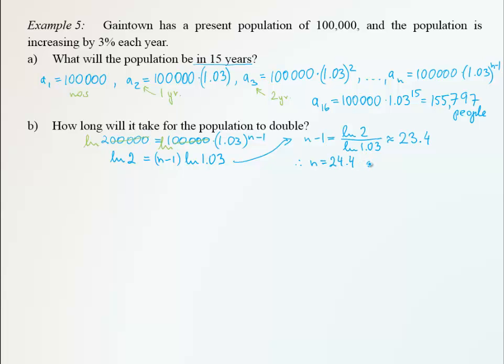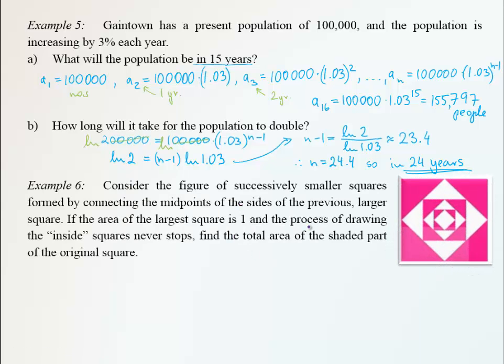So overall, we expect the population to double in 24 years. If this were exactly 24, we'd write 23 here, but this is more than 24, so we need to wait another year, because after 23 years, the population will be very close to doubling, but not quite there yet. So we need to wait a bit towards the following year, so that would be the answer.